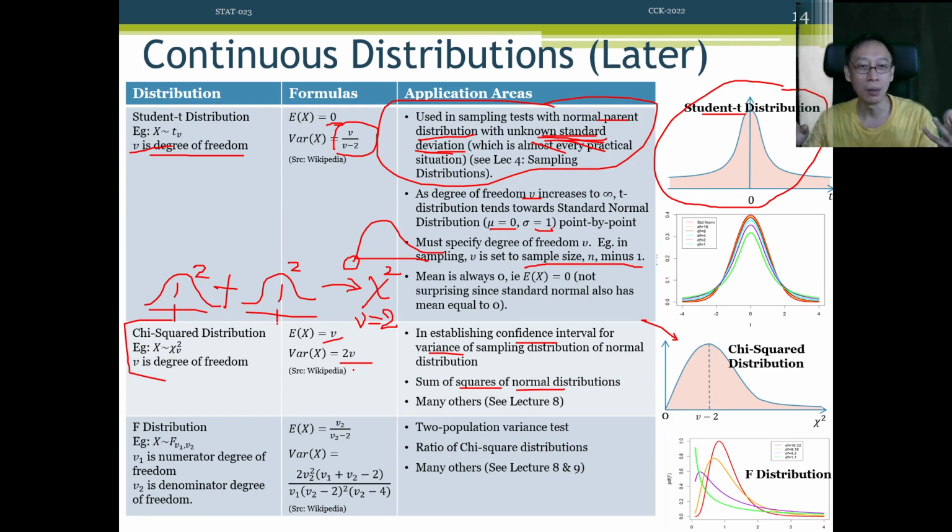So for practical purposes, we don't want to use too many normal squares added together, because your variance is going to be so large that the result is not very clear. It can be from here, it can be from there, and it's less certain about the answers. So normally we also don't want to pile on too many. That means we don't want to make the degree of freedom too large.